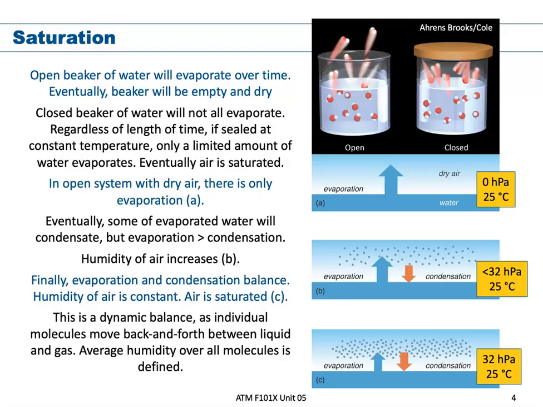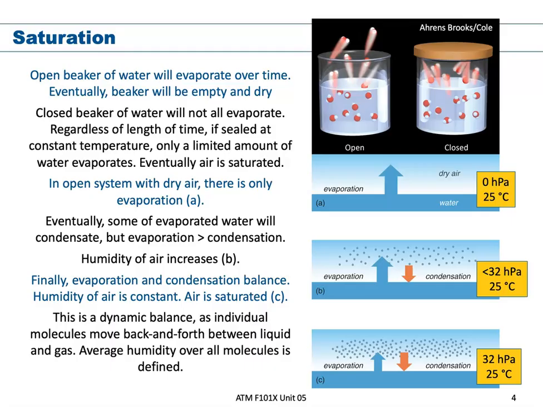Consider a covered beaker that is partially filled with water. Water molecules will escape the fluid and enter the gas phase. Eventually, a dynamic equilibrium is set up where there is a constant amount of water in the vapor phase and a constant amount of water in the liquid phase. For example, at 10 degrees Celsius, 50 degrees Fahrenheit, or 283 Kelvin, the vapor pressure of the water vapor is 12 hectopascals, or 1% of the air above the liquid.